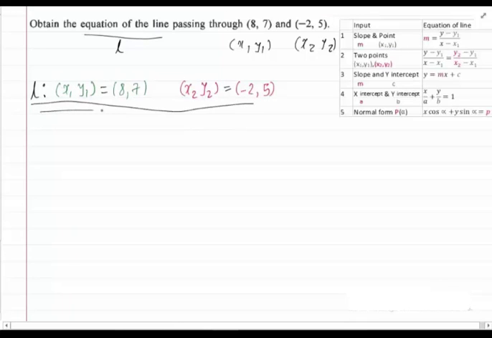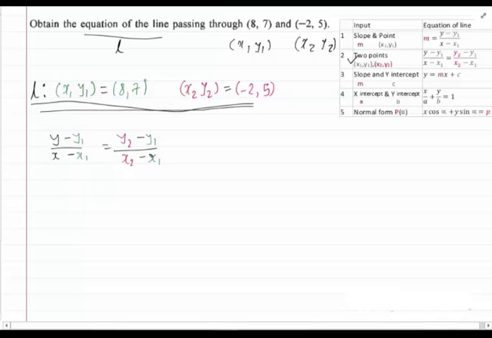So here we should use the second form of equation of line, which is (y - y1)/(x - x1) is equal to (y2 - y1)/(x2 - x1). Let's put the values of x1 y1 and x2 y2 at their respective places.